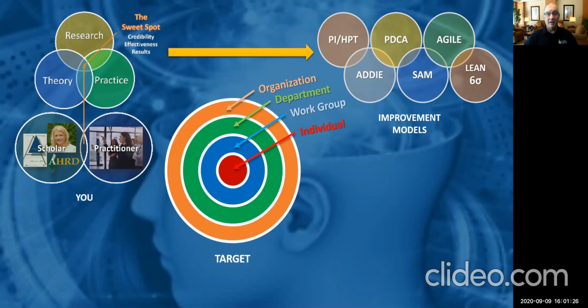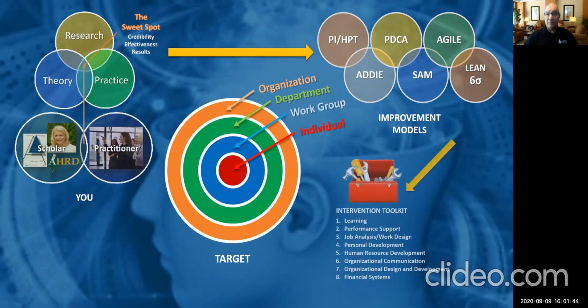In this case, we'll just assume this is the kind of problem that you're going to use a performance improvement HPT approach or that particular model, which of course all of these models will start with some form of needs analysis or needs assessment.